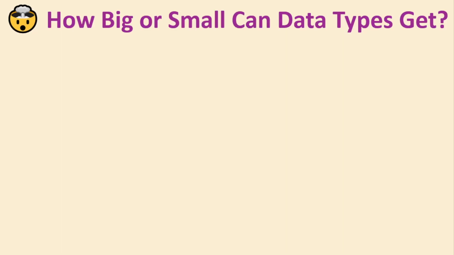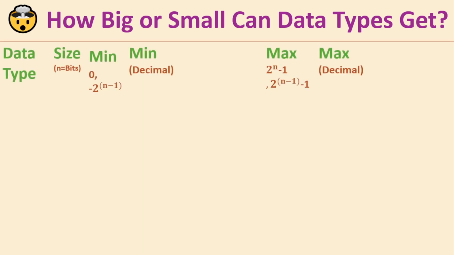How big or small can data types get? You might wonder, how do we know how many bits should be allocated for an integer variable? Here's a table that shows the data types, how many bits they occupy, and the minimum and maximum values they can hold.